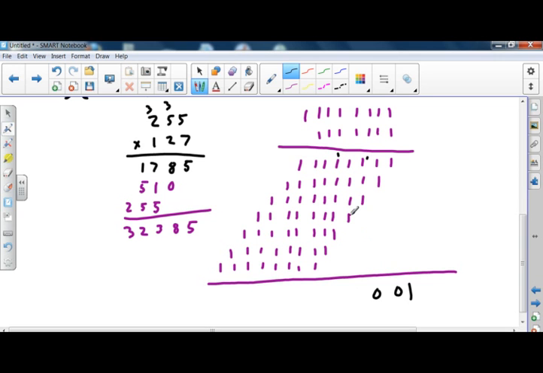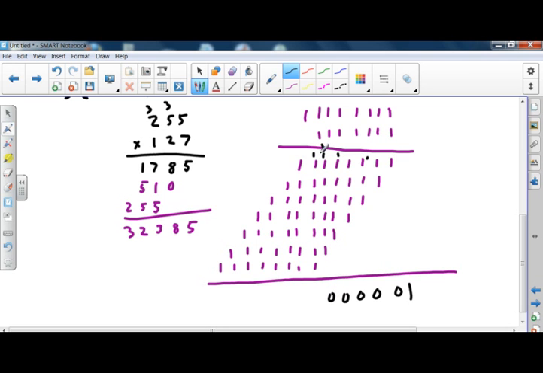1, 2, 3, 4. 0. 1 to carry in the 4's position, not there, but here. 1, 2, 3, 4, 5, 6. Okay, a 6 would be a 0, and I got to carry a 2, and I have to carry a 4. 1, 2, 3, 4, 5, 6, 7, 8. 8 would be a 0.